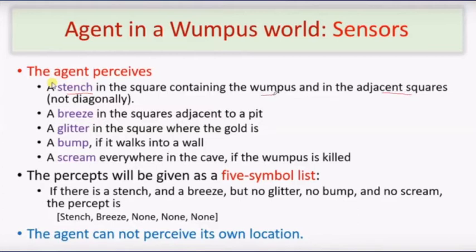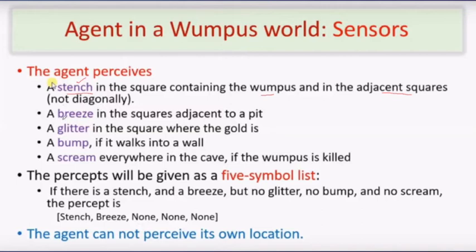So if there is a Wumpus, the agent in an adjacent square will feel the stench, some sort of smell. It is not applicable in a diagonal block.